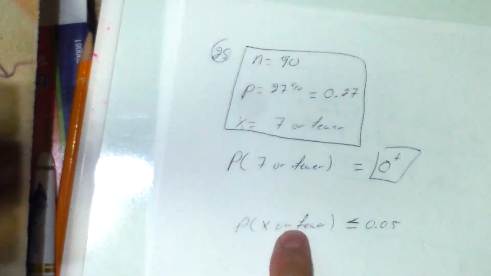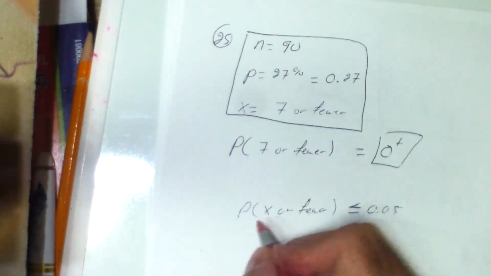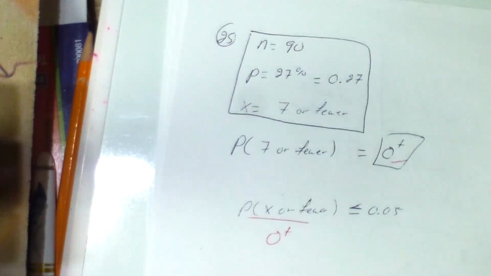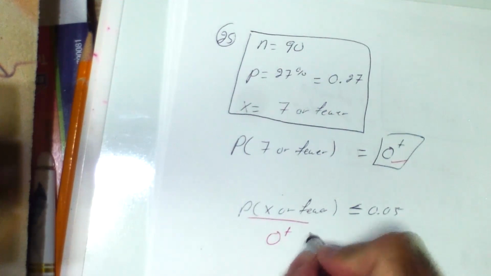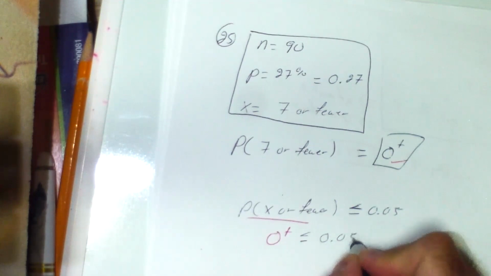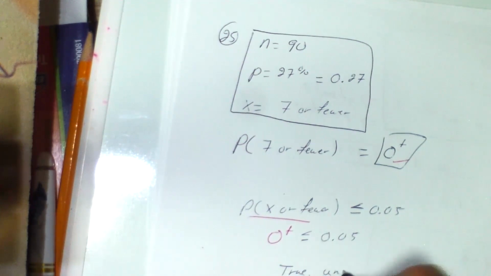So we already got my answer. This was 0 plus. So is 0 plus a number smaller than a nickel? Yes, it's true. So it is unusual.